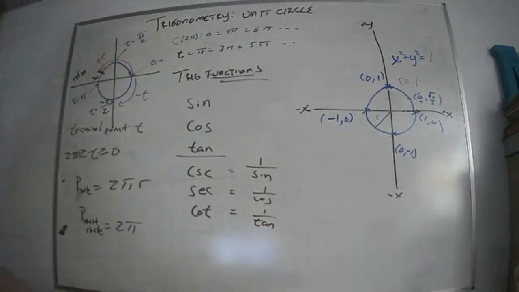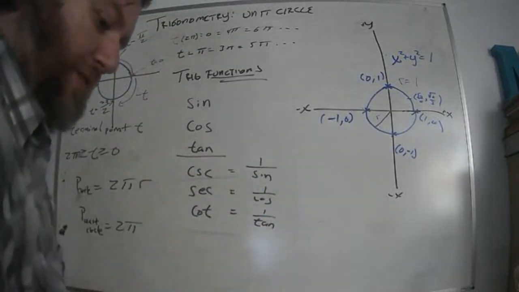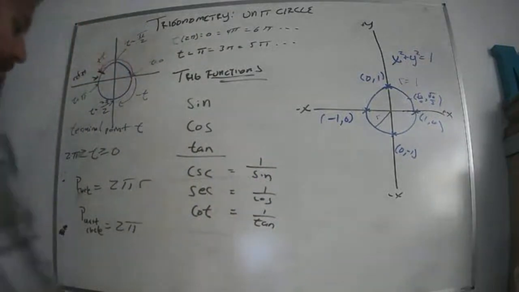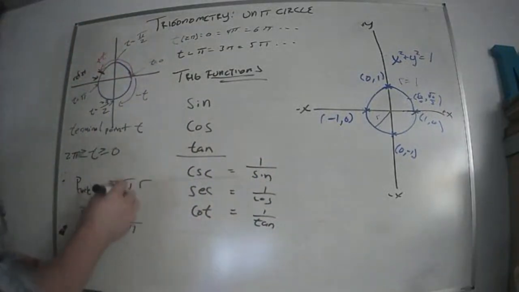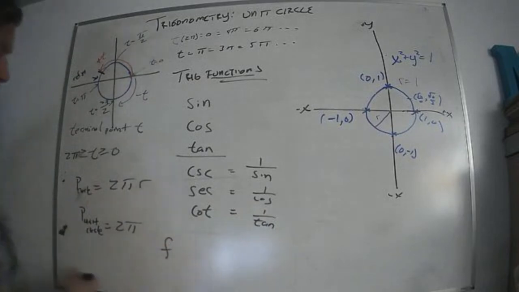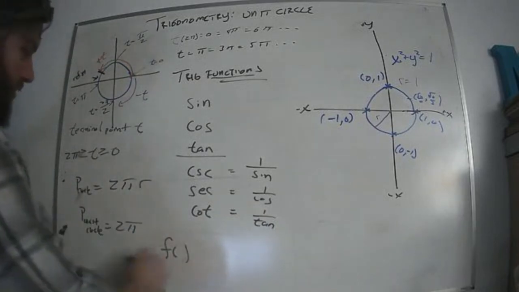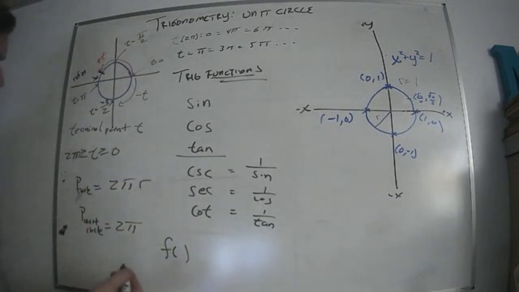Now, these are not functions in and of themselves yet. I have to give them a parameter, right? In the same way that you can say f is a function, but you need to know what it's a function of.